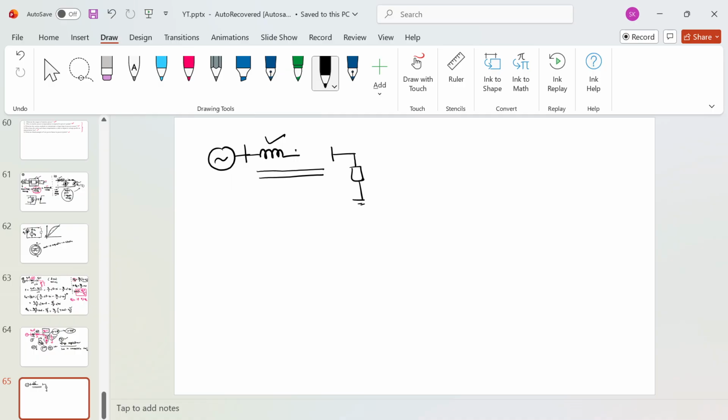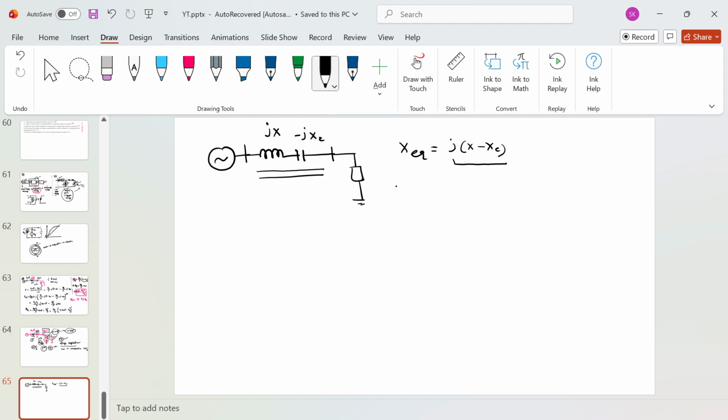But if you connect a series capacitor, the line has jX inductive reactance, but the capacitor will provide jXc. So the effective reactance will reduce to X minus Xc, and since the reactance is reducing, the voltage drop will also reduce.